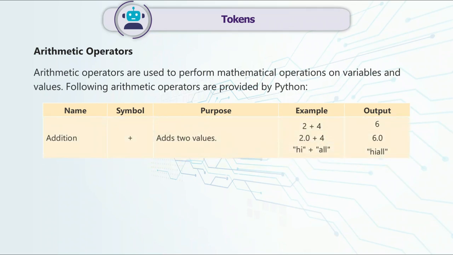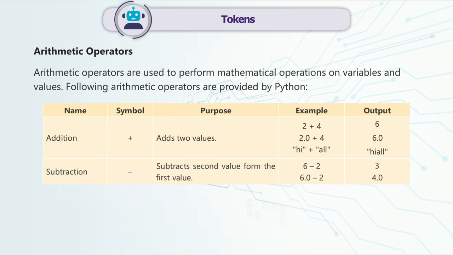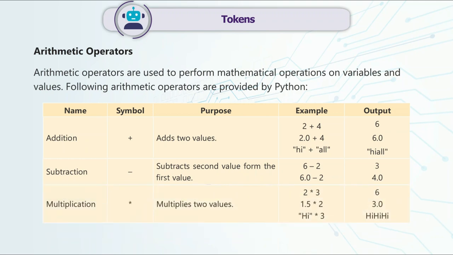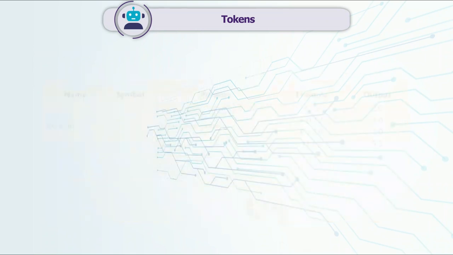Addition: adds 2 values. 2 + 4 gives 6. 2.0 + 4 gives 6.0. Subtraction: subtracts second value from the first value. 6 - 2 gives 4. 6.0 - 2 gives 4.0. Multiplication: multiplies 2 values. 2 * 3 gives 6. 1.5 * 2 gives 3.0.